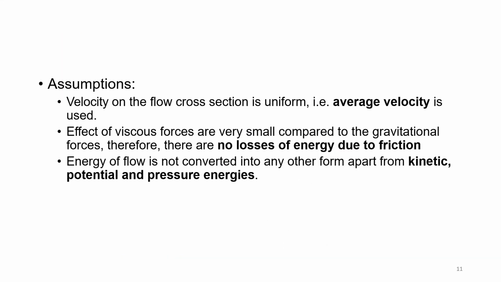Okay, these are the assumptions for the Bernoulli equation of 2 points now. So velocity on the flow cross section is uniform. So we are actually taking average velocity, and the effect of viscous forces is very small compared to the gravitational forces.